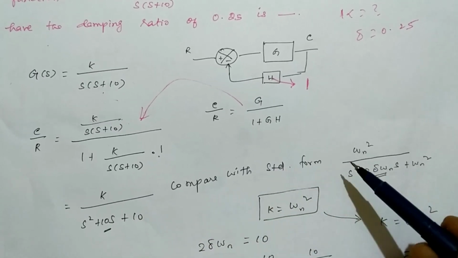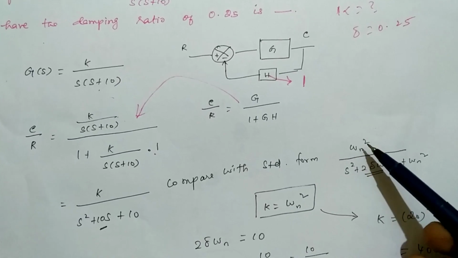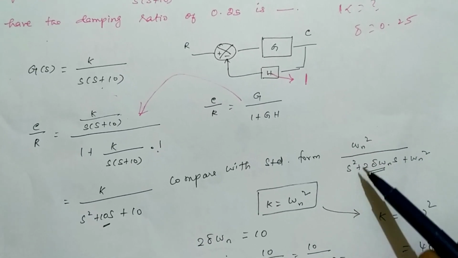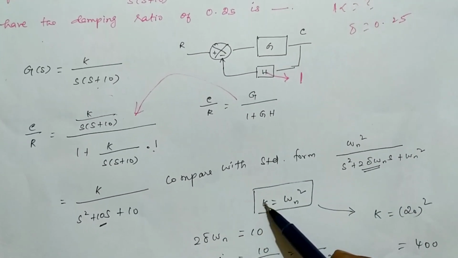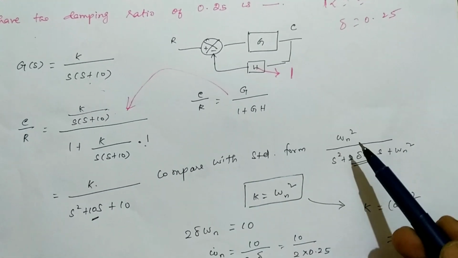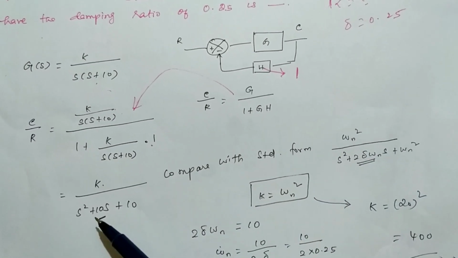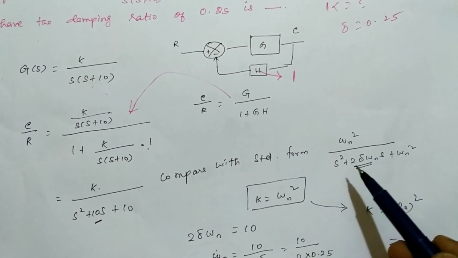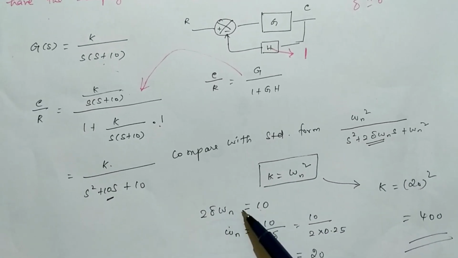But the standard form of a second order system is omega n square divided by s square plus 2 delta omega n s plus omega n square. Compare both. So K is equal to omega n square, that is one equation. Now 10 is equal to 2 delta omega n.